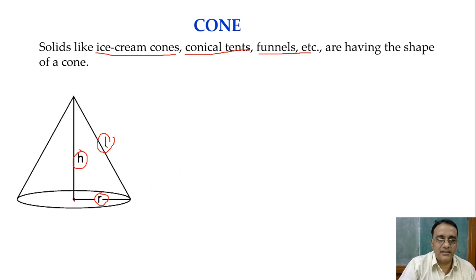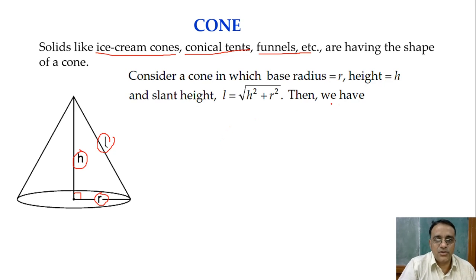Okay, and because this is right angle, so the relation between these three we can have by using Pythagoras theorem, that is L square is equals to R square plus H square. Okay, so consider a cone in which base radius is R, height is H, and slant height is L, that is equals to root over R square plus H square.